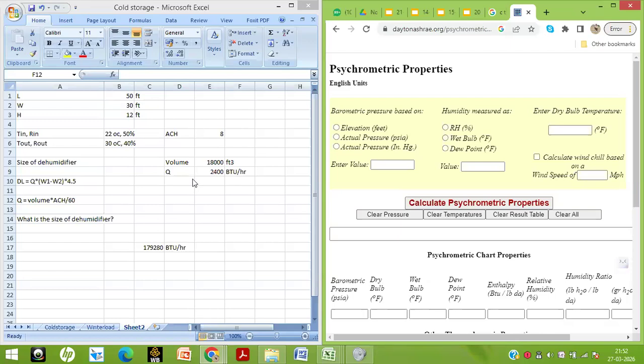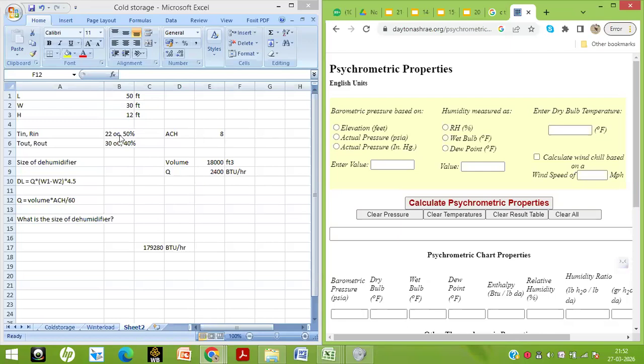Then we need to calculate the total heat gain: complete volume times ACH. Since we are designing for a laboratory, we have considered 8, and then divide by 60, so we got Q. Now we have these two conditions.